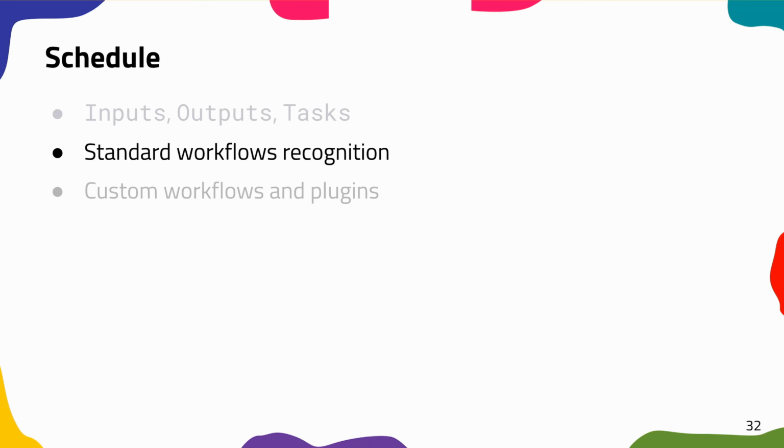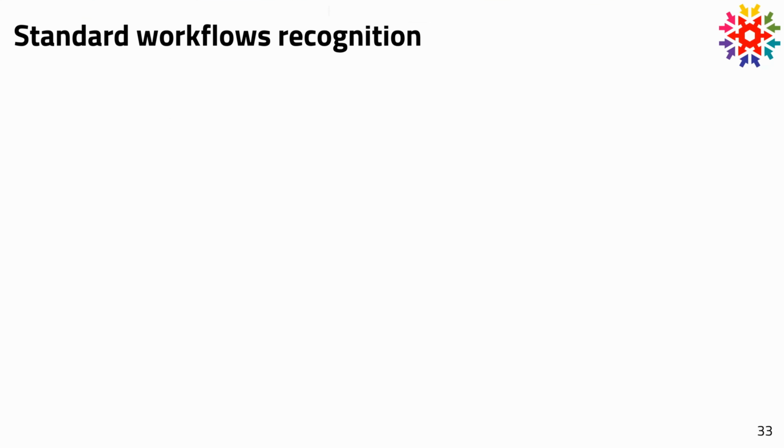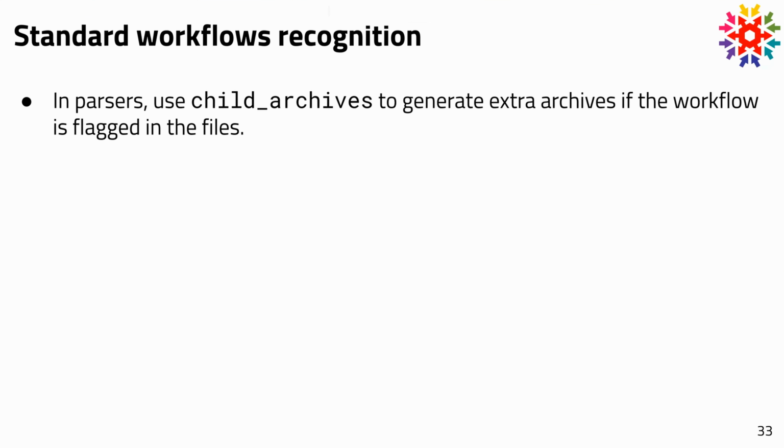There are two ways. One is the automatic way of recognizing if there is a workflow or not. The other is that, if it's not possible to recognize it automatically, you have to define this workflow manually yourself. The standard workflows recognition, this automatic recognition, works in the parsers themselves.